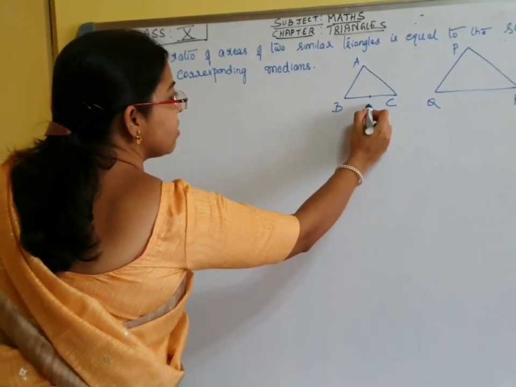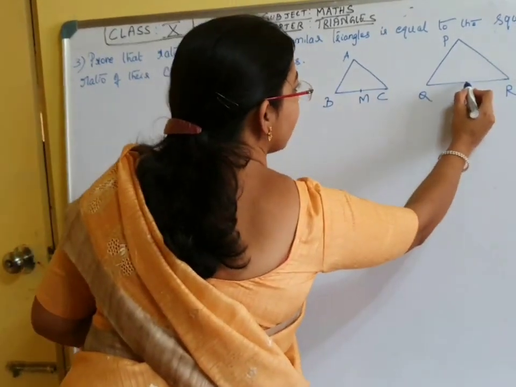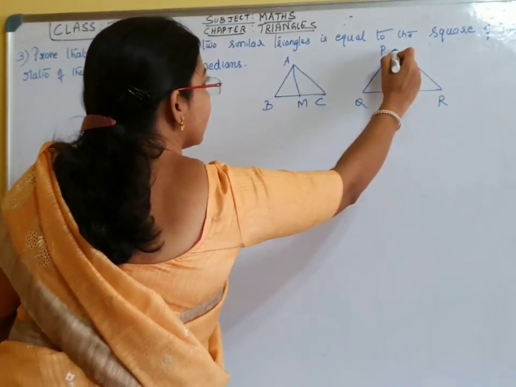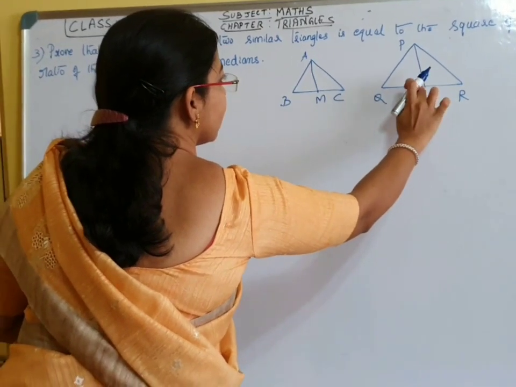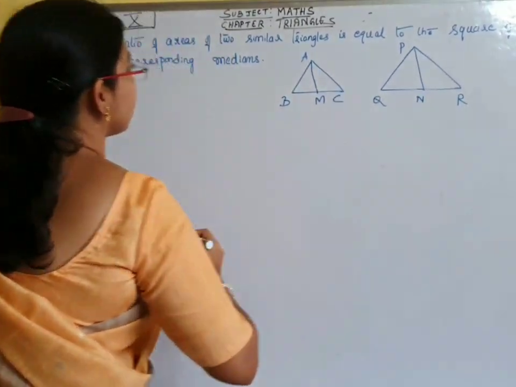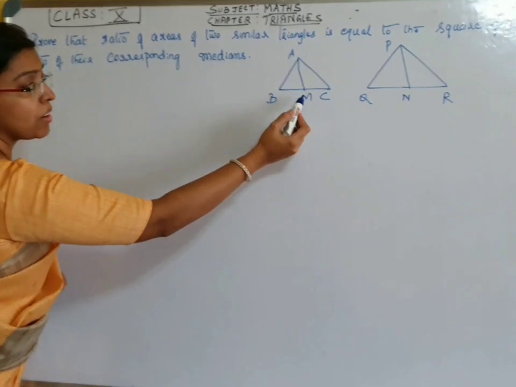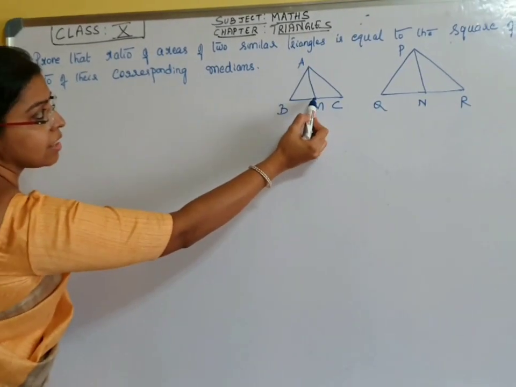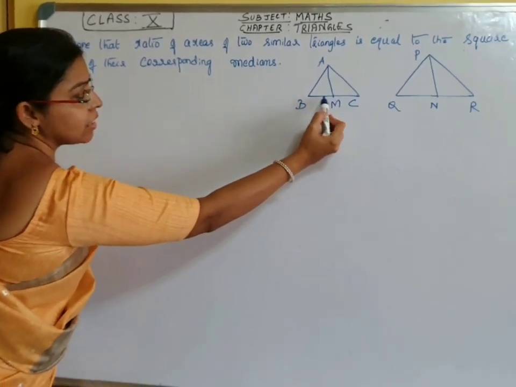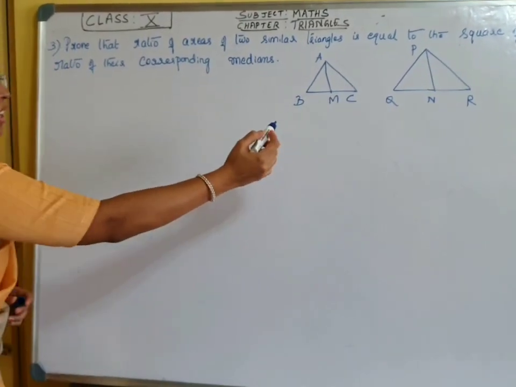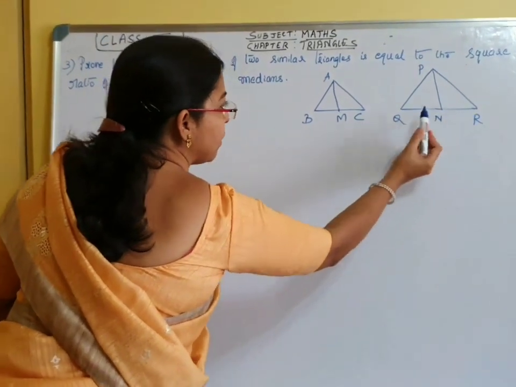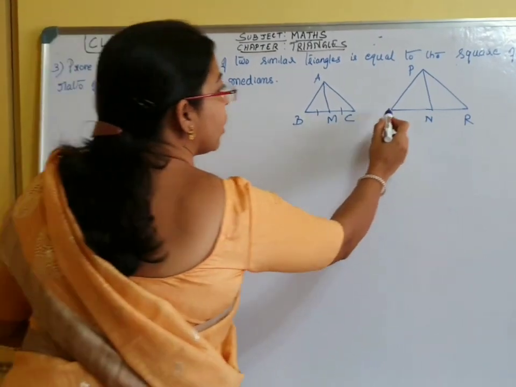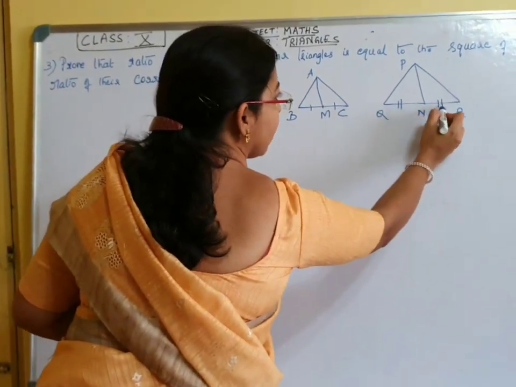So the midpoints are M and N. So now we know what is a median: a line which passes through the vertex and the midpoint of the opposite side. M is the midpoint of BC. N is the midpoint of QR. Midpoint in the sense BM will be equal to MC, and QN is equal to NR.